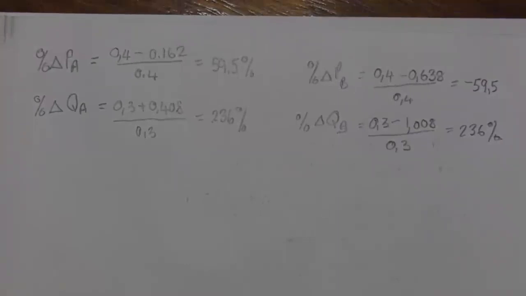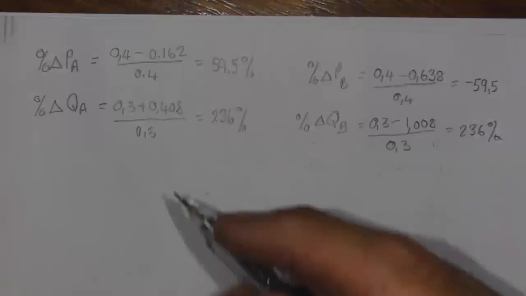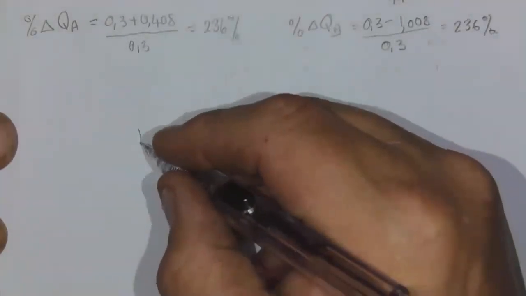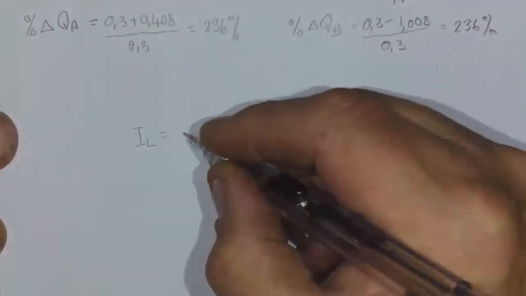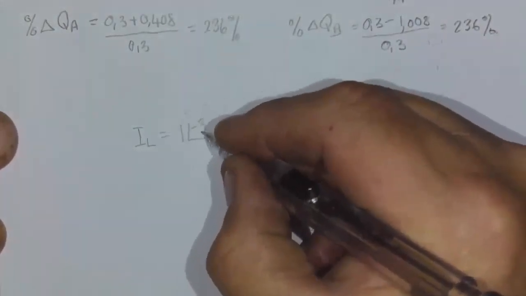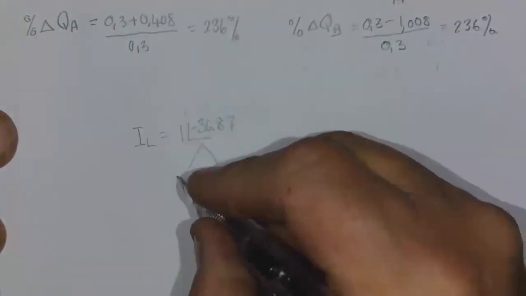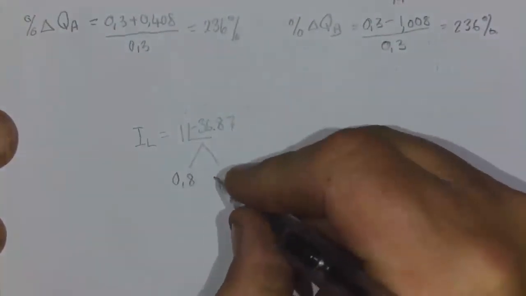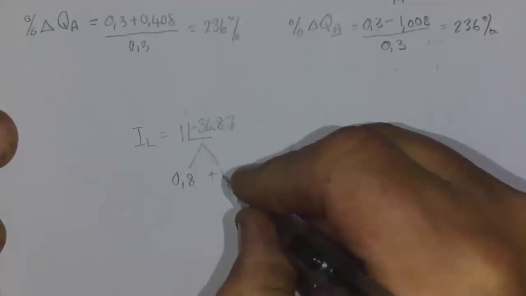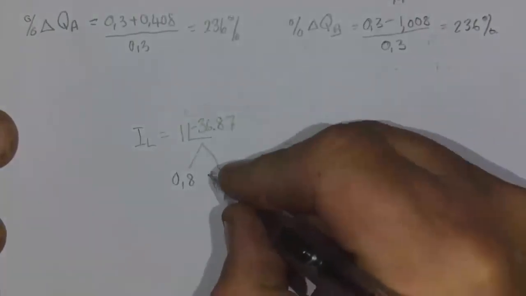So which means when you want a percentage change for P and Q, 0.4 and 0.3 are constant. No, remember your load, I load, was 1 angle minus 36.87. If you now take that to rectangular form, you will get 0.8 plus j 0.6.